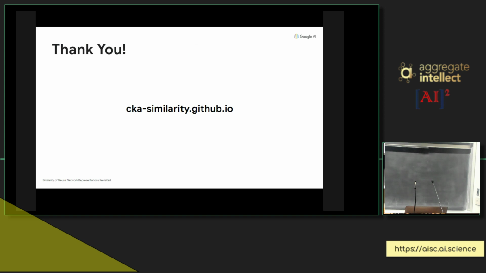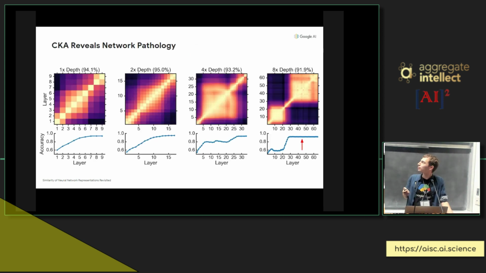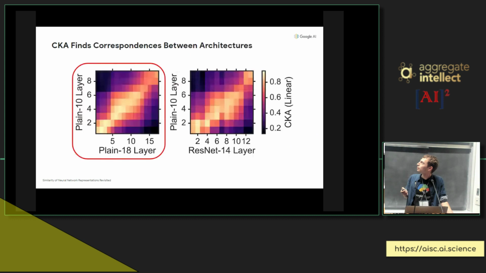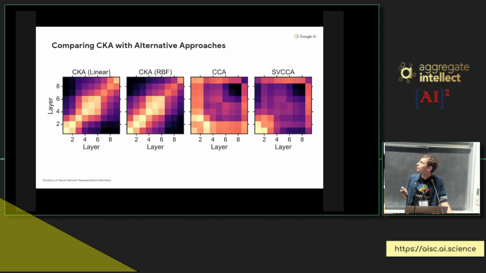I'm sorry, I might have missed the beginning, but I think you were motivating something as we want to find the correlation between examples in the training set as opposed to correlation between features. Yeah.